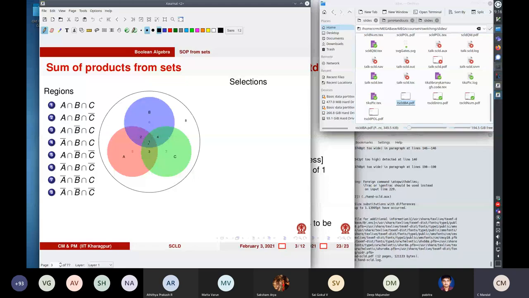We are labeling this region as 1, this region as 2, this region as 3, this region as 4, this one as 5, this one as 6, and this one as 7.